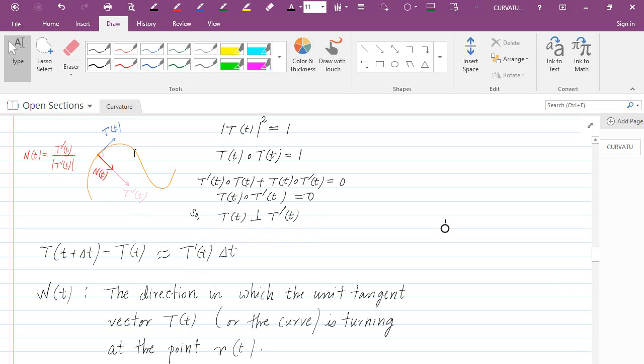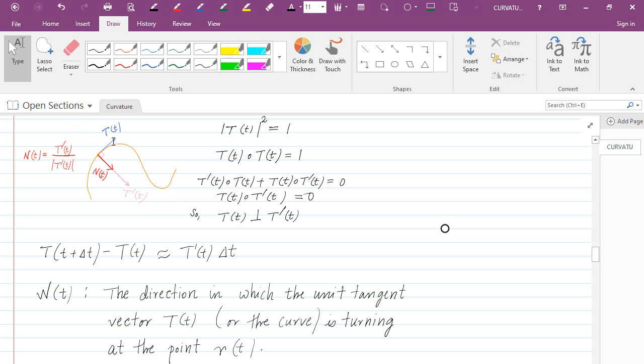Now, if you look at this curve, obviously capital T is changing in the direction that is inward. I'm going to call this direction the inward direction, and the opposite direction the outward direction.